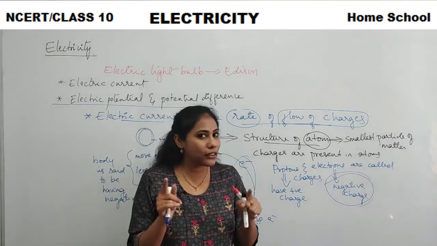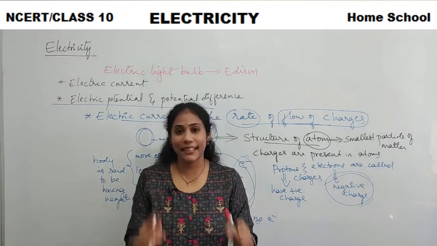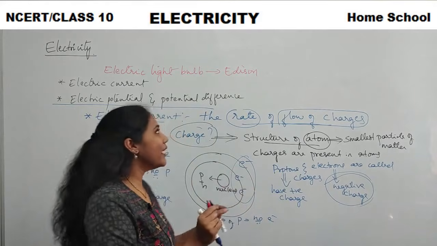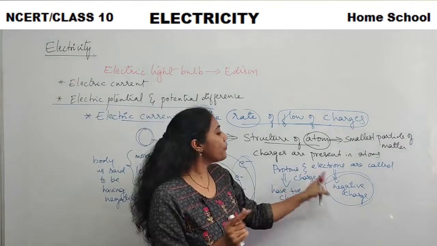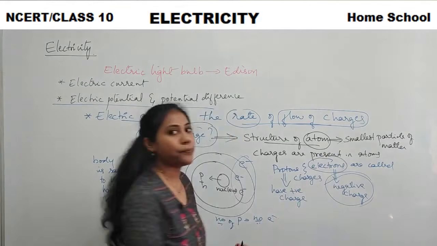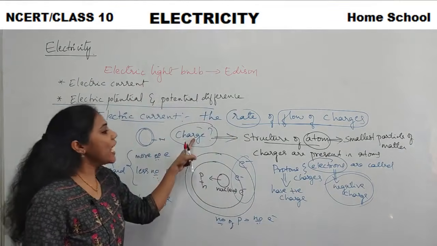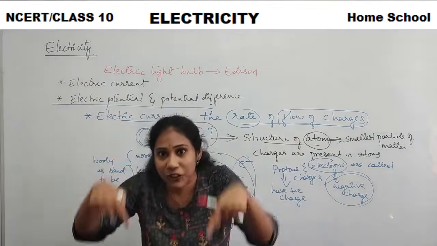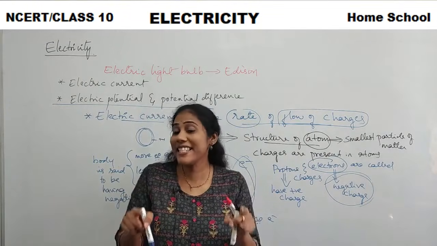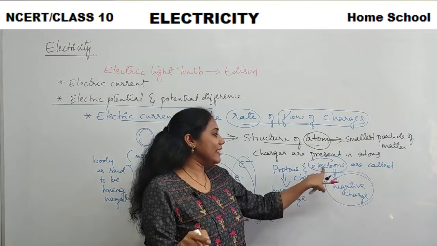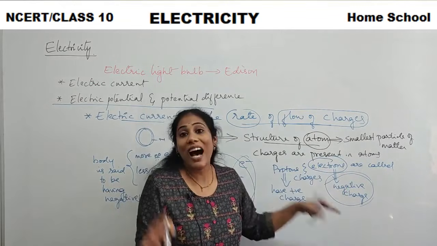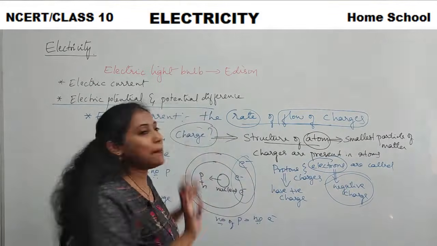So here for electricity, which charges do we consider? We consider electrons. For electricity, charges means electrons. The negatively charged particles, that are nothing but electrons, are our charges for the chapter.